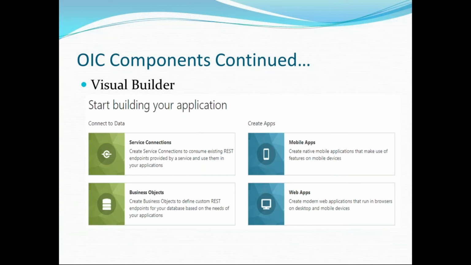The second thing is that it allows you to connect to your existing OIC integrations as well. In real time, whenever you are developing an application, you want to show some data on the screen which is the actual data, or you want to submit an order or perform whatever action. If you have an integration for that, you can call that integration in your Visual Builder application, which allows you to connect directly to the integration services.